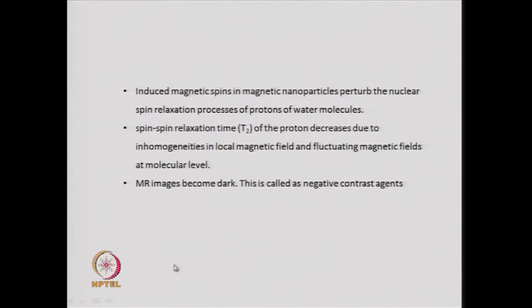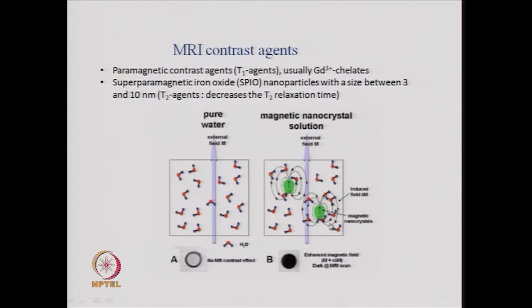So, here the image becomes darker wherever the particle is. So, basically what you are doing by adding the particle is you are affecting the spin relaxation time of the protons of the water molecule, because this is in solution. So, water is there and the protons of the water will always have a magnetic signal, and the magnetic field which is being created by this contrast agent, by the nanoparticles, will affect the spin relaxation time of the protons of the water molecules.